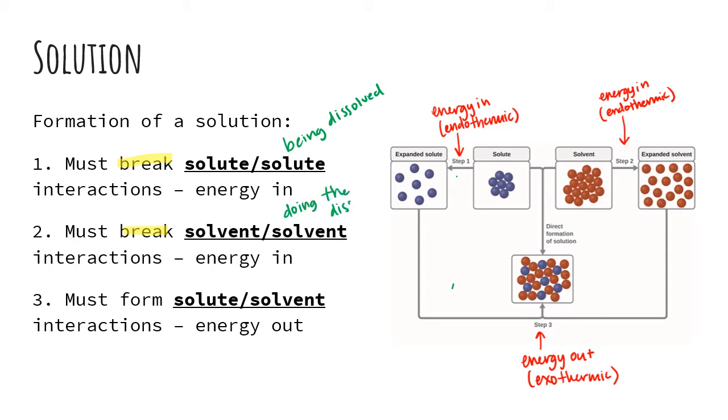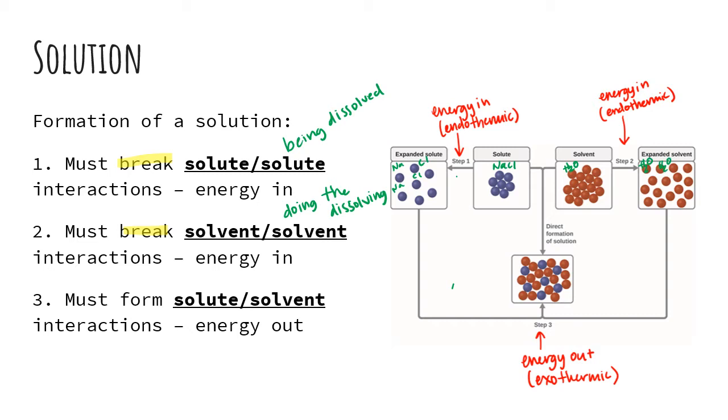Again, if we're talking about salt water here, this would be sodium chloride. We have to put energy in to separate out the individual sodiums and chlorines. And then our solvent would be water. These would be representing water molecules. We've got to separate those out so that they're spread apart.